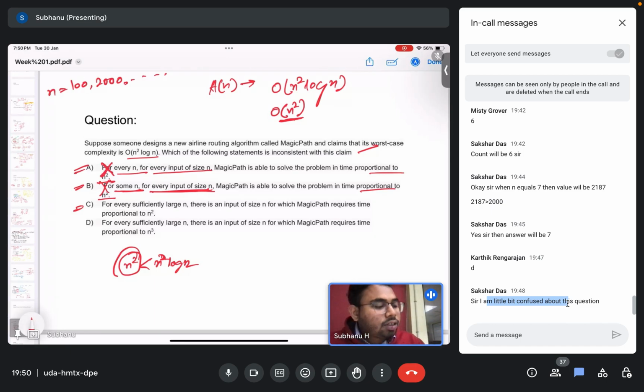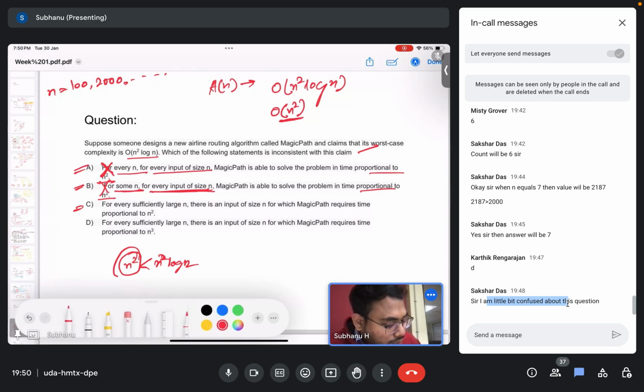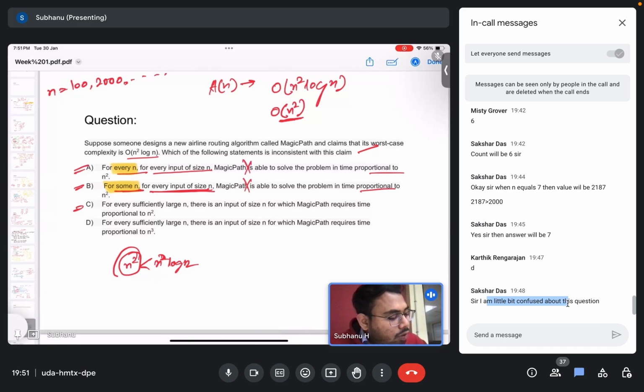For the second option, they are saying that for some n, here that is every n. This is the difference. So for some n, can you finish the algorithm within n square? We can't finish the algorithm within n square for some n.